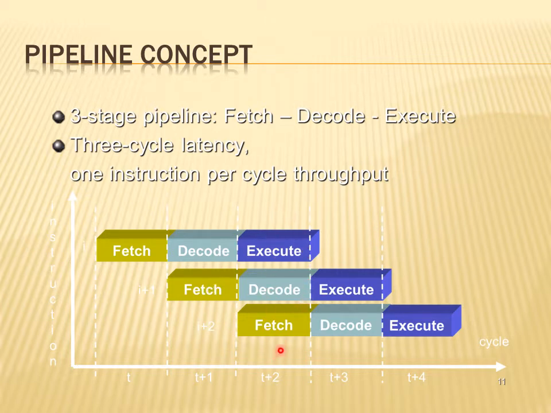Time is used efficiently, so the throughput and efficiency of the entire processor improve. Instruction execution becomes very fast, and in a small time period the maximum number of instructions get executed.